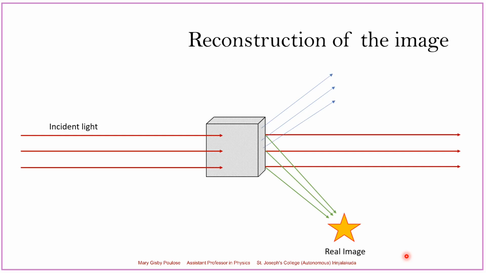At that position also you will be able to see an image of the object, which you can see through your eyes. If you look from that point, you can see an image there. But that is actually a virtual image.